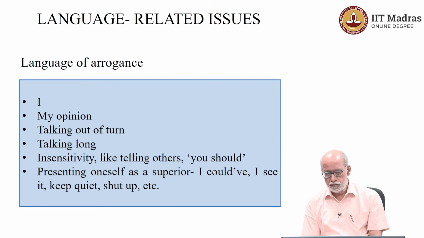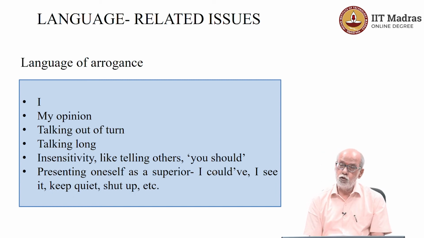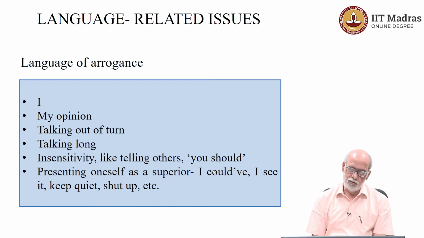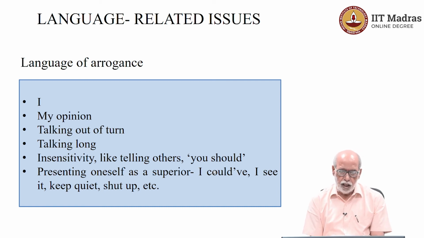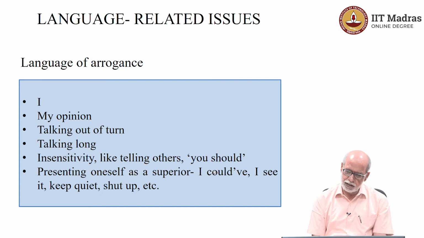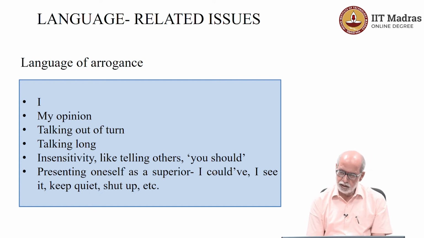But an arrogant person would always tell you, in my opinion, we must do it now. We must not wait. Or such a person would not wait for others to finish. They may talk out of turn. Okay? No matter who is speaking, if this person feels like saying something, he or she would.